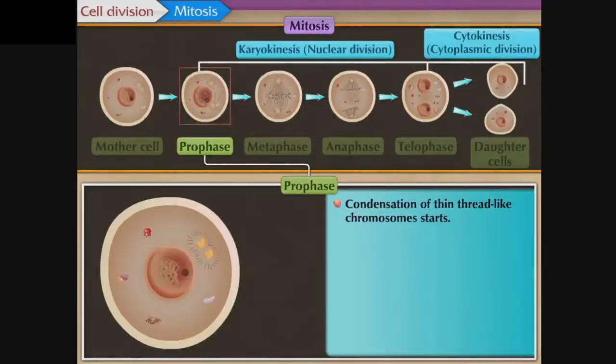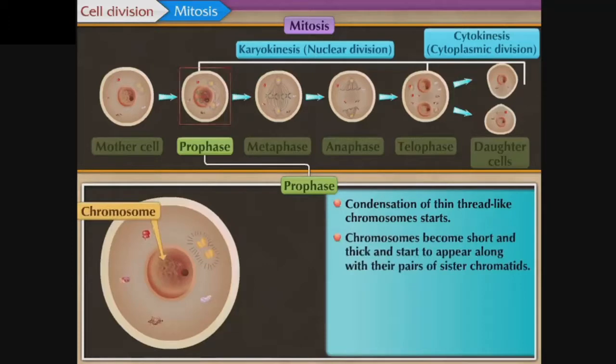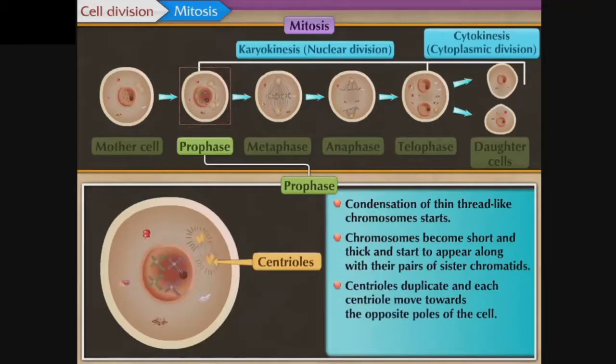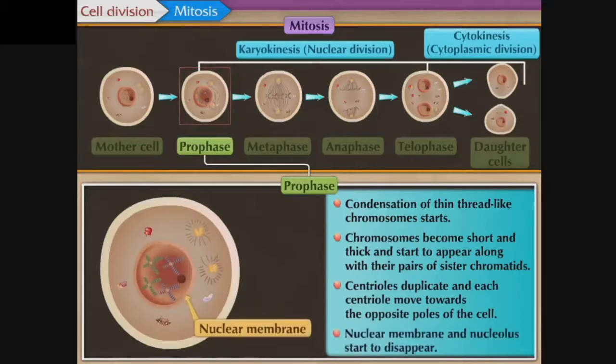Due to this, they become short and thick, and they start to appear along with their pairs of sister chromatids. Centrioles duplicate, and each centriole moves towards the opposite poles of the cell. Simultaneously, the nuclear membrane and nucleolus start to disappear.